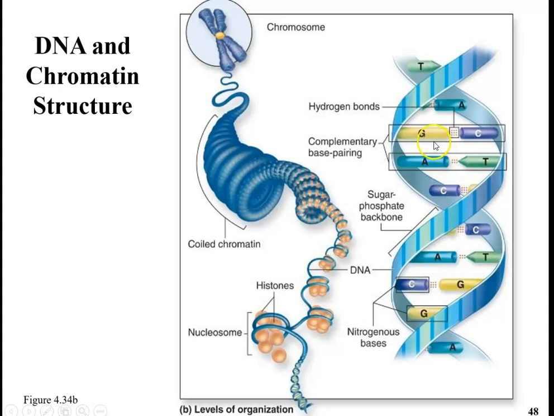So you need to know that guanine pairs with cytosine and adenine pairs with thymine. All right, so we've got our double helix, and it gets wound around these proteins called histones, and that helps it kind of supercoil on itself and create a chromosome.